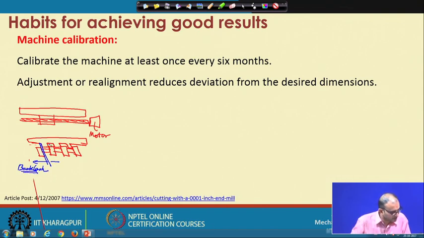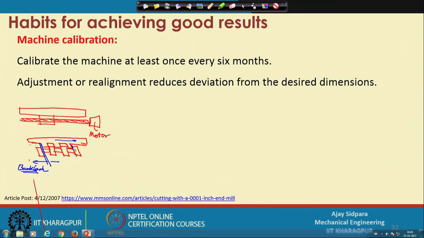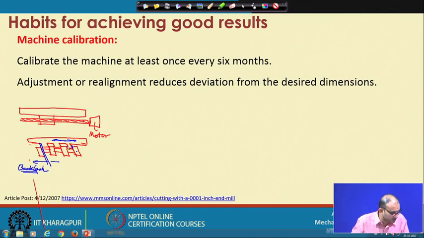Now see, when your table is moving in this direction, there is full contact between the teeth of the table and the teeth of the lead screw. But when it is moving in the other direction, your lead screw will rotate, but your table will not move, because unless it completely covers this particular distance, it will not move in that direction.